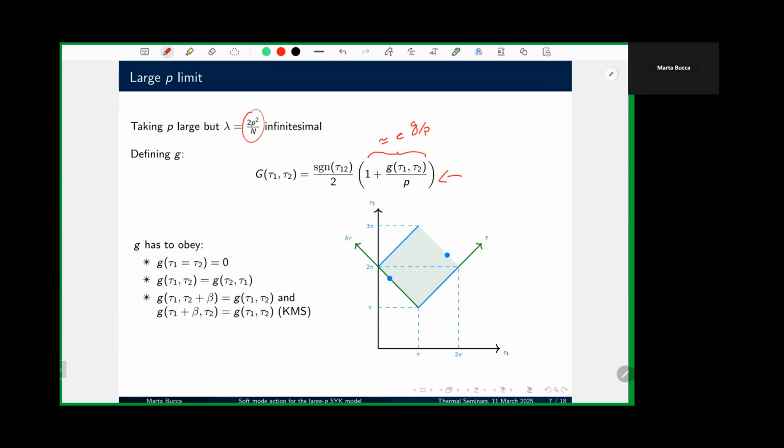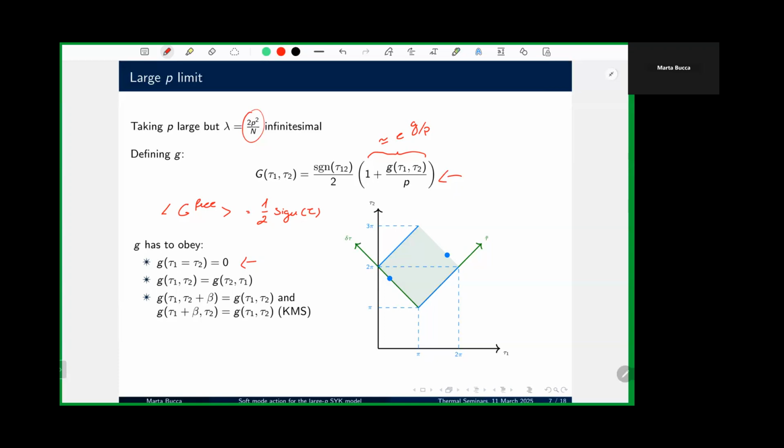Another thing is that, if you remember, I told you that the correlation function for the fermionic bilinear in the zero coupling limit reduced to 1/2 the sine of tau. So in order for the definition of small g to be consistent with this behavior for the correlation function, we also need to impose that small g, when tau 1 is equal to tau 2, has to be equal to 0.